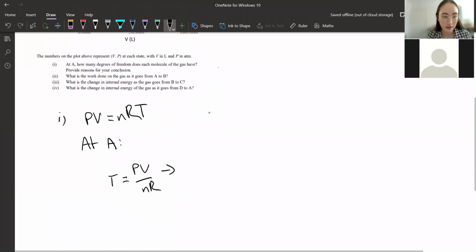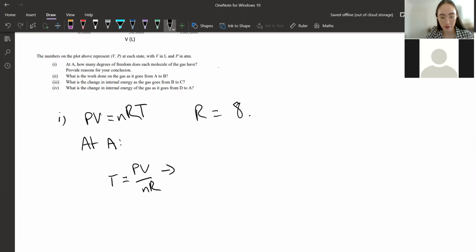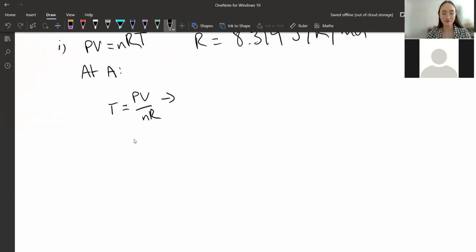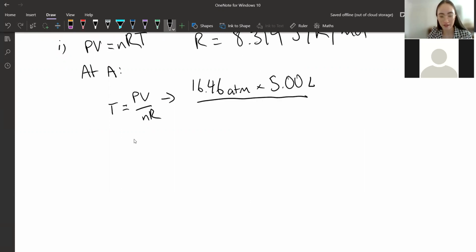Alrighty. And we can find R is 8.314 joules per Kelvin per mole. And so I guess the tricky part with this one is not getting stumped by these weird units. So we've got atmospheres and liters. So we'll put it in the form that we have. So it's 16.46 atmospheres times 5.00 liters, and that's divided by 5 moles.